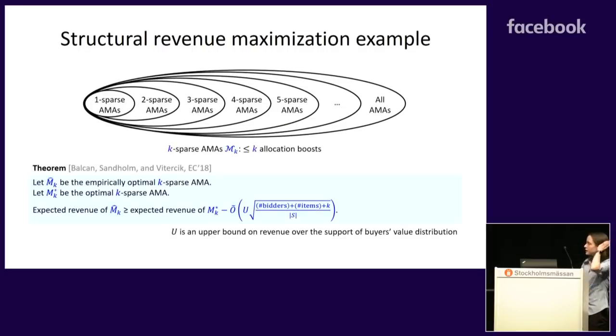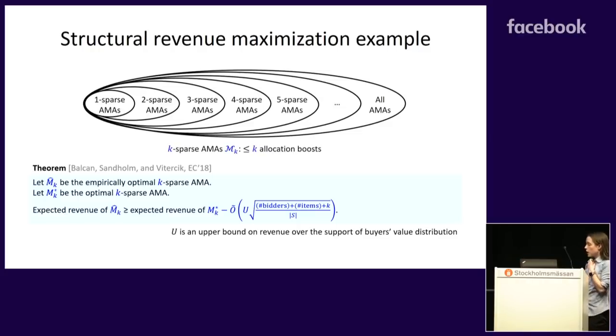So I'm just going to give you an example of what structural revenue maximization can look like. Again, let's think about the class of affine maximizer auctions, but let's break it into a hierarchy of simpler classes, which I'll call k-sparse affine maximizer auctions. A k-sparse affine maximizer auction is where I only boost k allocations at a time.